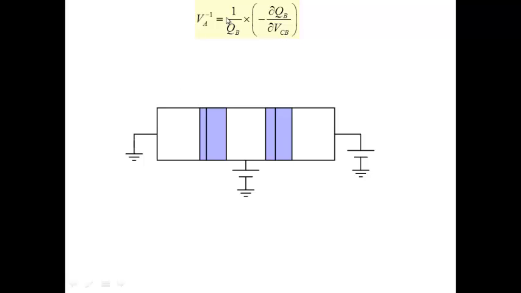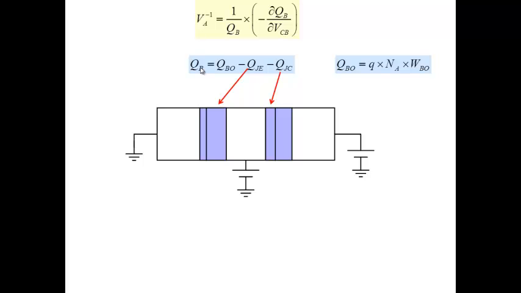All right. So let's look at this term here then. What is QB? Now I can write the following. The total charge in the base will be equal to QB0. QB0 is what? Total charge from this edge to this edge, which is equal to QNAWB0 minus the depletion charge here, which we call QJE, minus the depletion charge here, which is QJC.